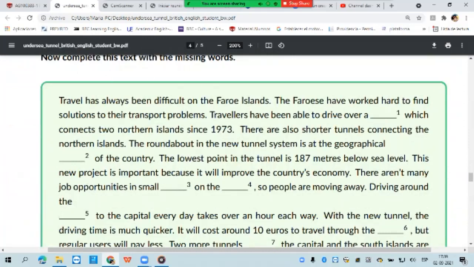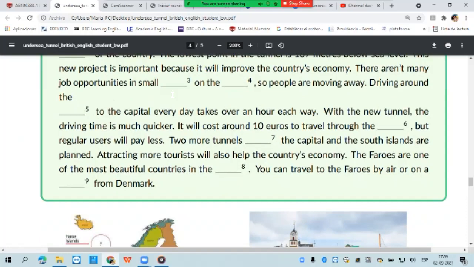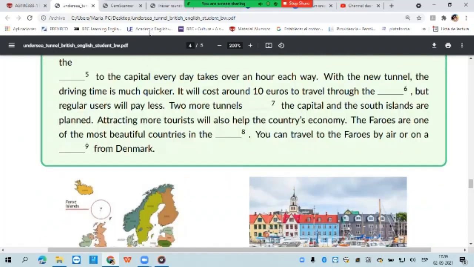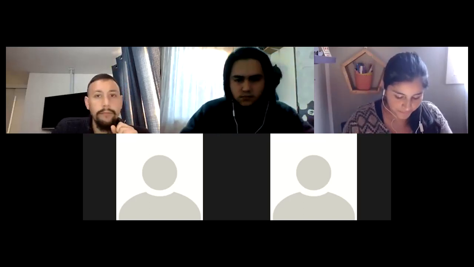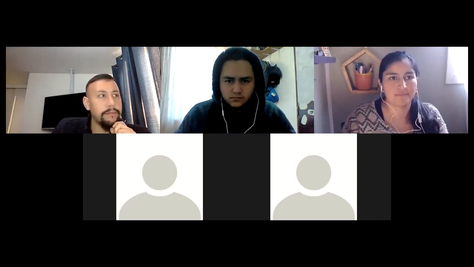I want you to complete the text, filling in the blanks with the suitable words. Do you understand it? Yes. Here we have the map. Can you do this for next Thursday then? Is that okay? Yes. Okay, homework next.